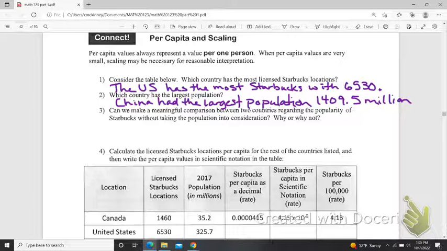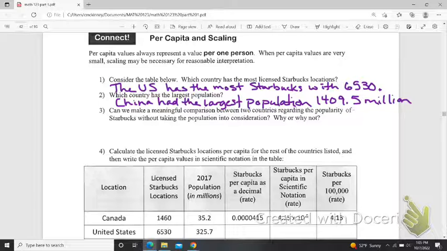So for instance, can I really say that the United States is a little more than 2 times as popular as China, because 6,530 is a little more than twice 2,936, but not compare the populations?